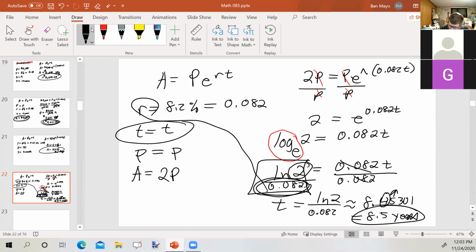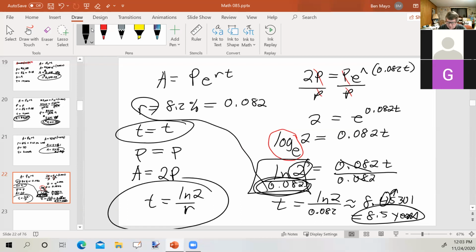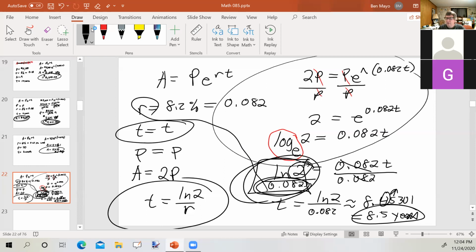Okay, there's a formula that says this: t equals the natural log of 2 over r. That tells you how much time it takes to double a population when you know the growth rate. So in other words, we could have saved all of this work and just gone straight to this, knowing about this formula. But that's why I'm telling you about this formula now.